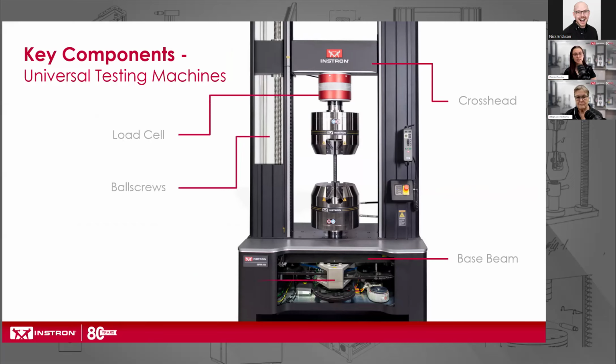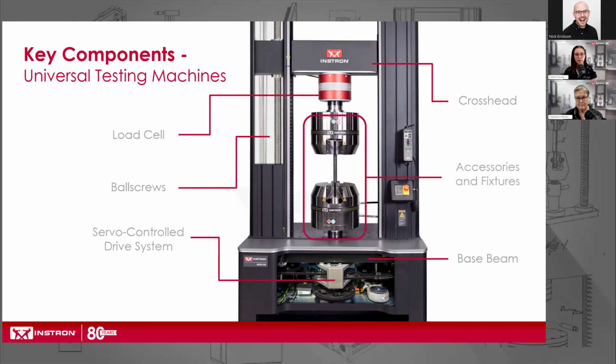It's comprised of a sturdy crosshead that will move up and down, a base beam for stability, a load cell to measure the force of the material, ball screws that help guide the crosshead up and down accurately, a controller to drive the system, and between the load cell and base beam, various accessories and fixtures can be used to perform tests of your requirements.